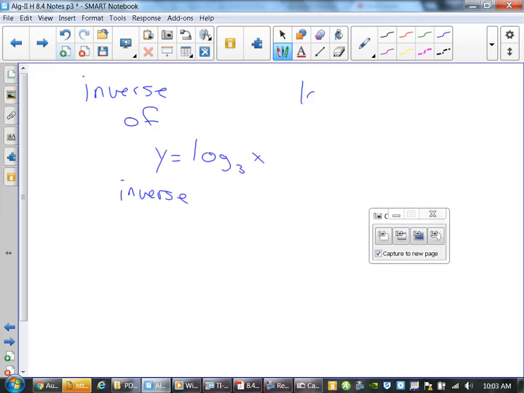Remember, you have your log base b of x, log base b of y is x, and b to the x. Those were the inverses of one another. Okay? Those were the inverses of one another. So what's the inverse then? 3 to the x. Just use some property straight through.